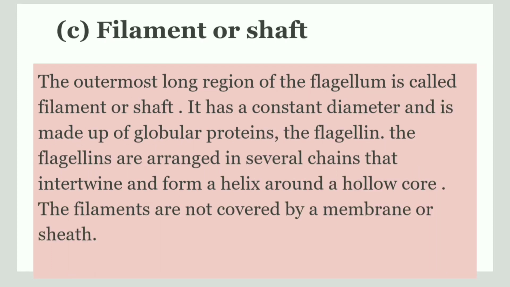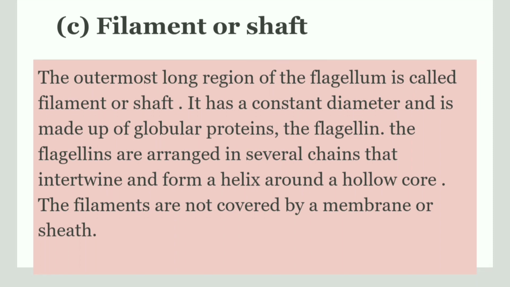The last part of a flagellum is the filament. It is the outermost long region, and this filament has a constant diameter throughout, and it is made up of globular proteins, which is flagellin. These flagellin proteins are arranged in several chains and they intertwine and form a helix, and this helix is found around a hollow core.